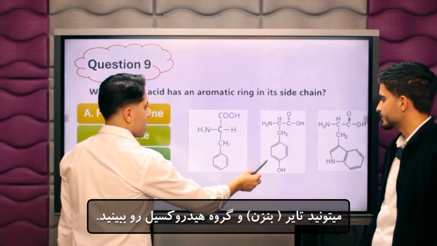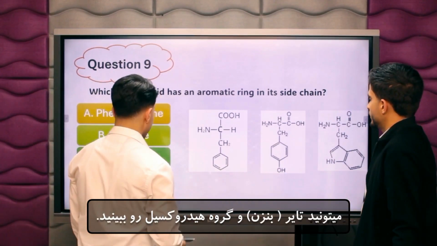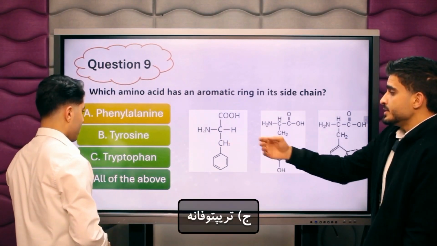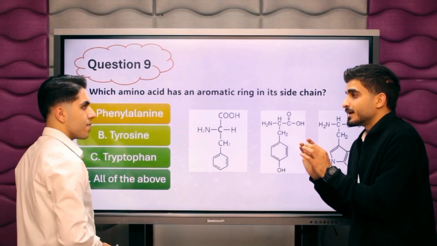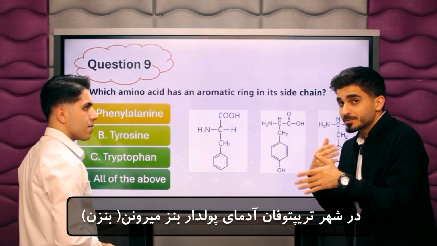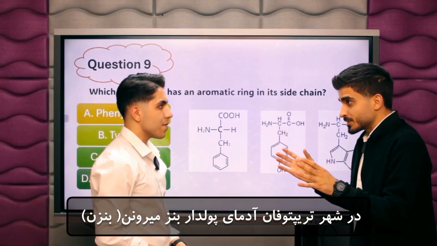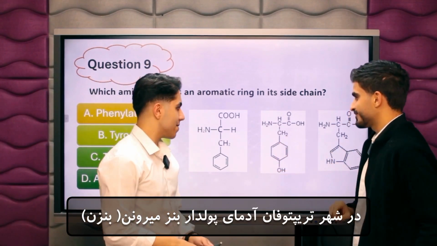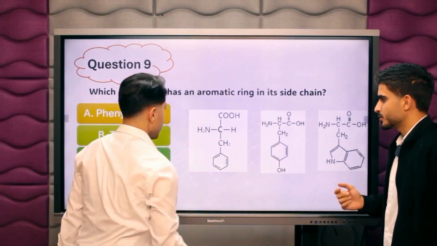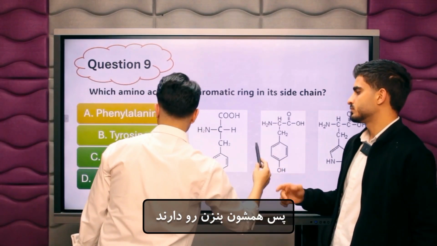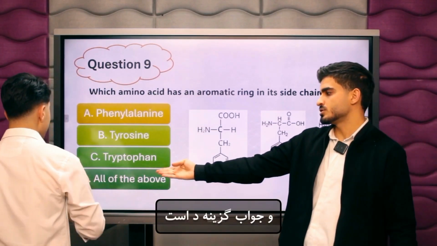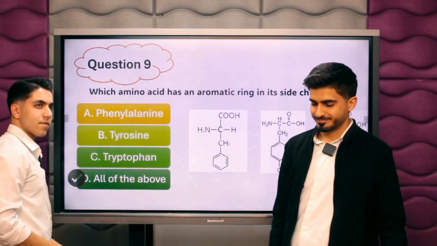Tire. You can see a tire and the hydroxyl group. C is tryptophan. As you know, in a tryptophan city, rich people drive the Benz. This is the benzene group. So they all have benzene, and option D is the answer.